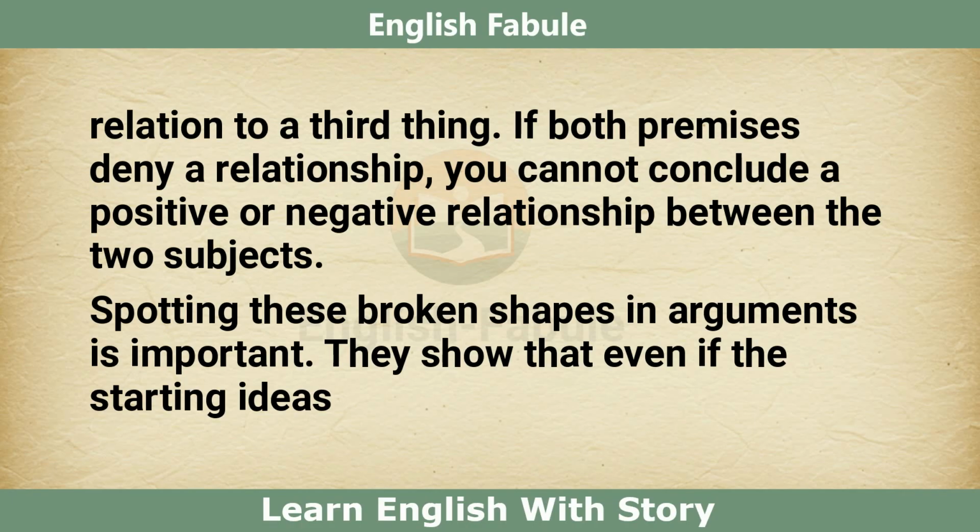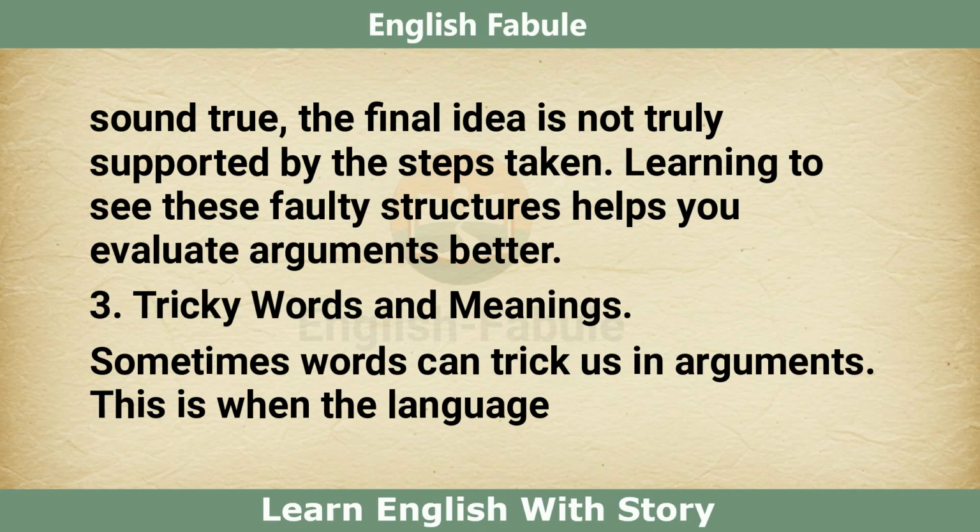Spotting these broken shapes in arguments is important. They show that even if the starting ideas sound true, the final idea is not truly supported by the steps taken. Learning to see these faulty structures helps you evaluate arguments better.